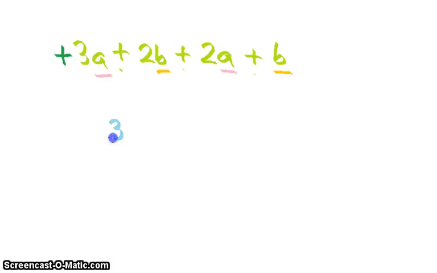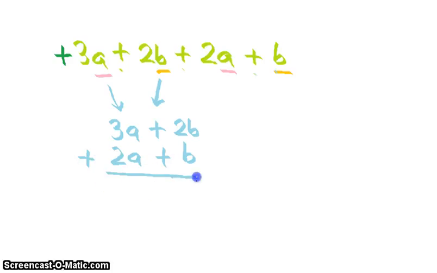We put 3a and 2b from here. This a and a are the same, so I put 2a here, and this b goes here. Since the symbol is positive, I put plus here.